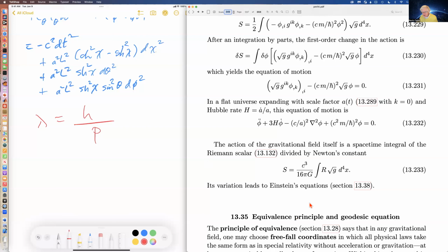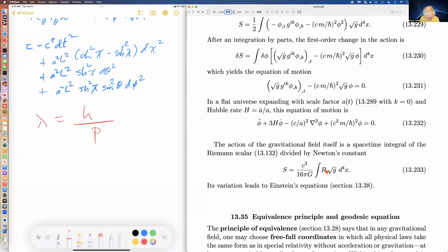The action of the gravitational field is this, and this leads to Einstein's equations. This, of course, is Newton's constant. Newton's constant is essentially 1 over the square of the Planck mass. So this is Planck mass squared times this. And so that means that the tiniest change in this has a huge action associated with it.